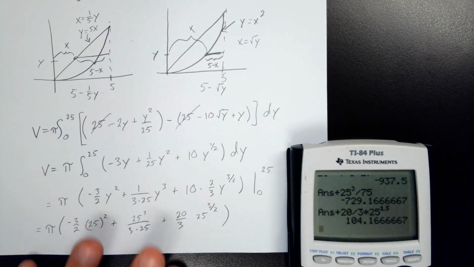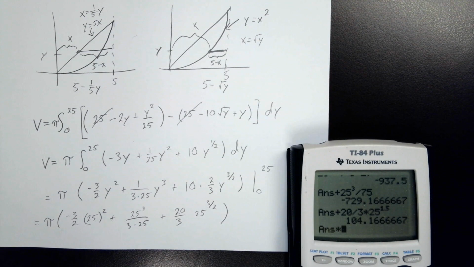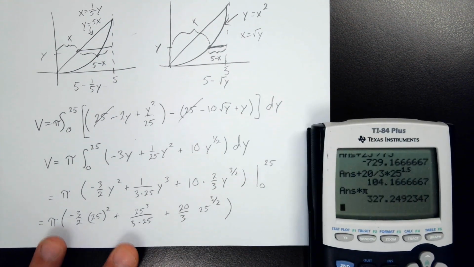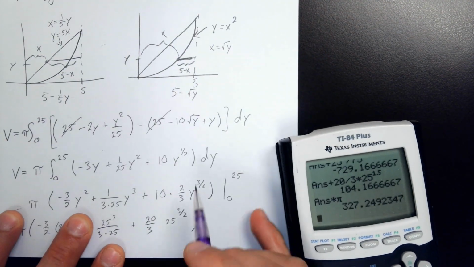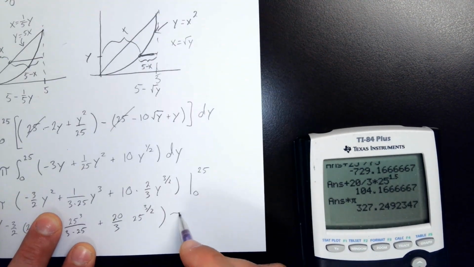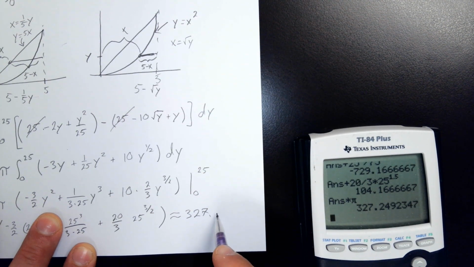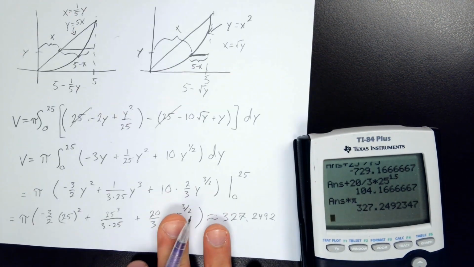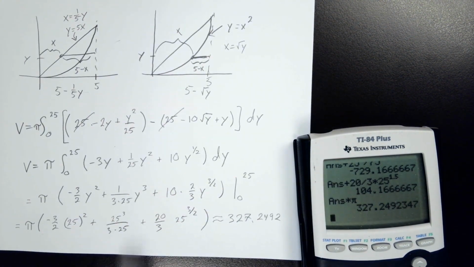So that's that number, but then I've got to multiply by pi. So I'll multiply by pi, and I'll get about this number. So approximately 327.2492-ish. Again, I like this answer okay, but here it is rounded to something from your calculator.